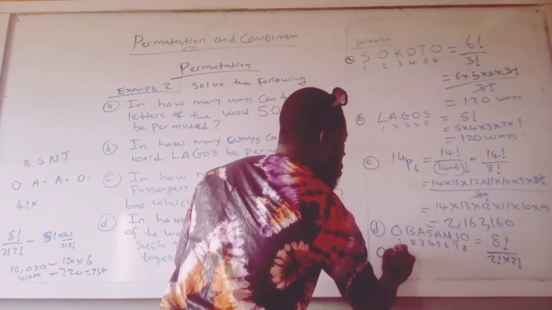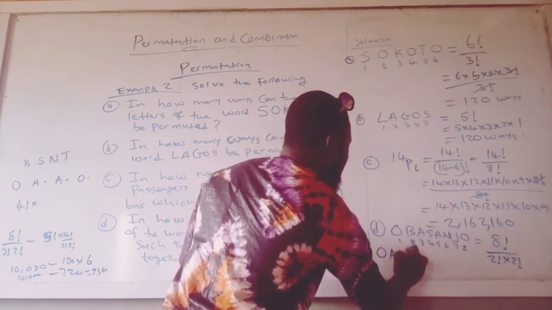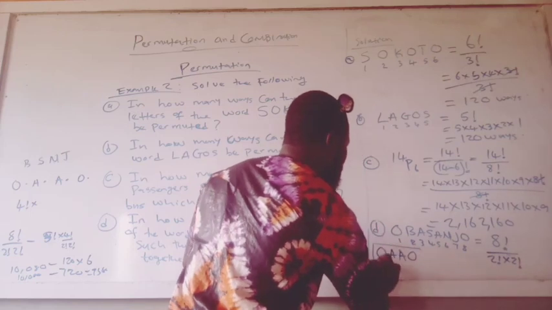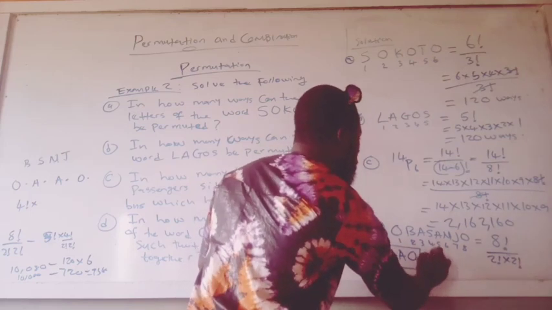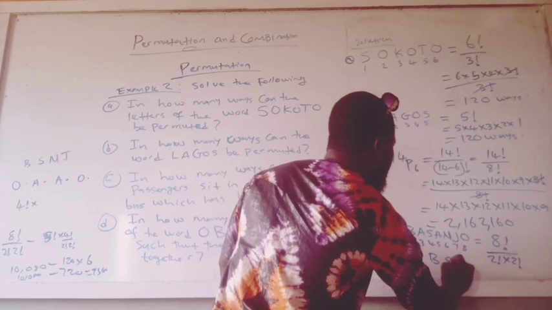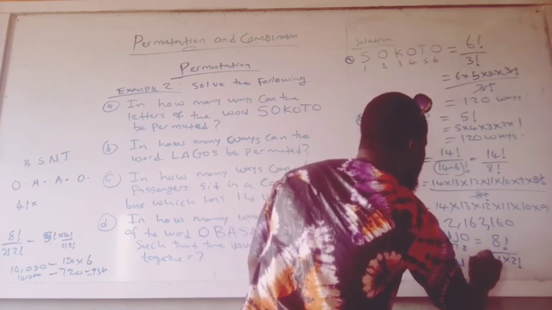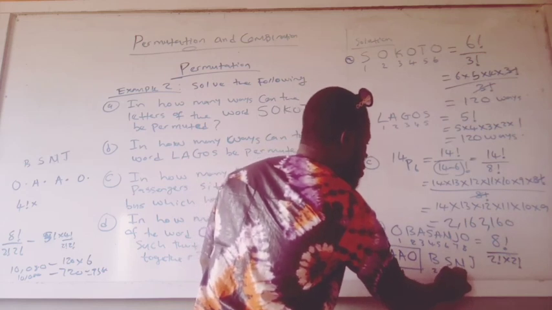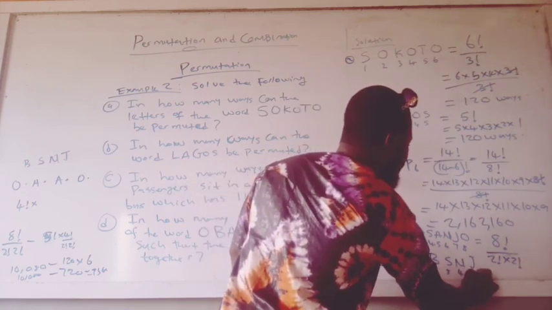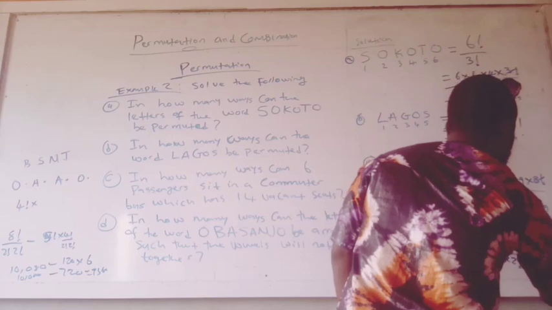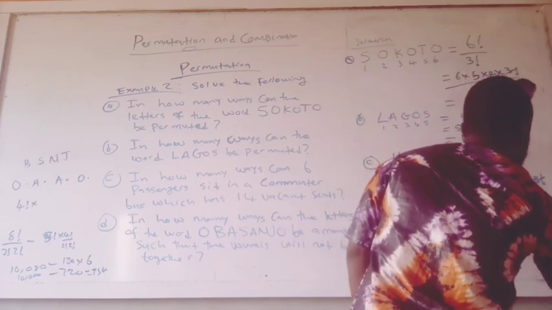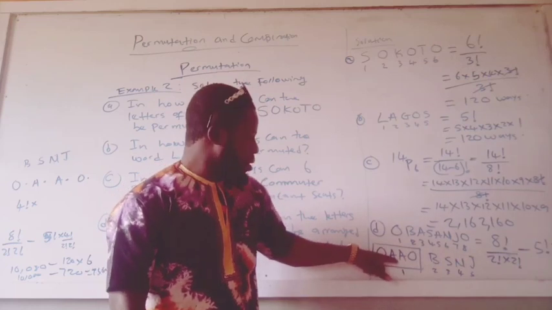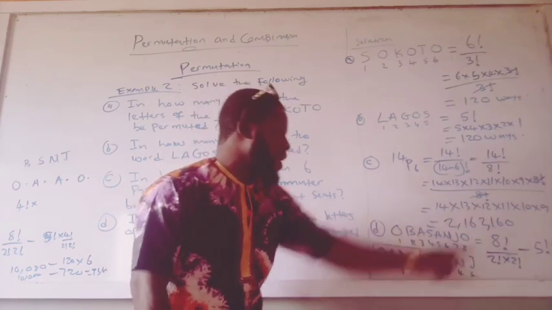O, A, and O, which will be seen as just one letter, combined with B, S, N, J. If you count, this gives us 1, 2, 3, 4, 5. So this is minus 5 factorial times, this is when they are together.